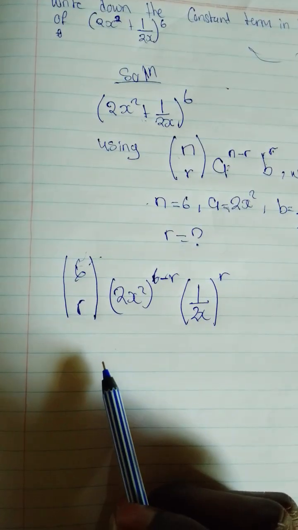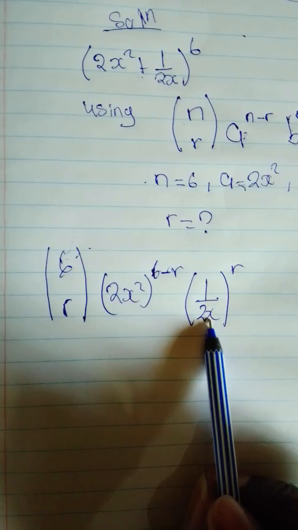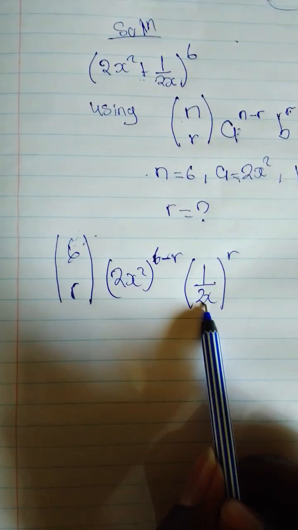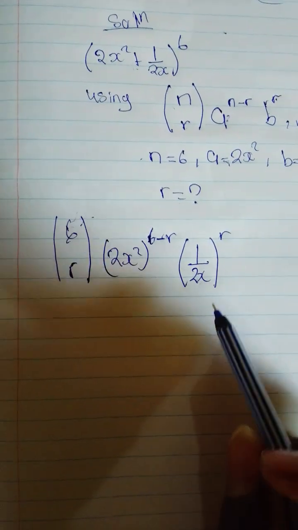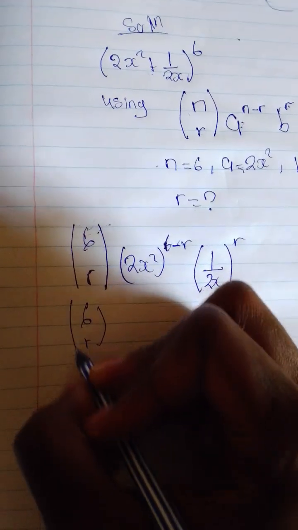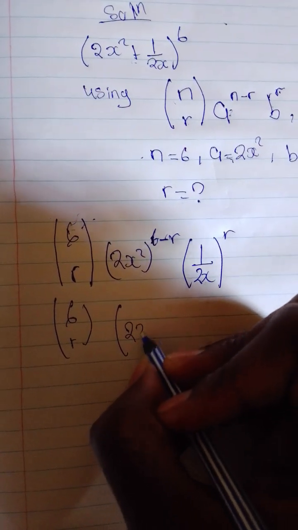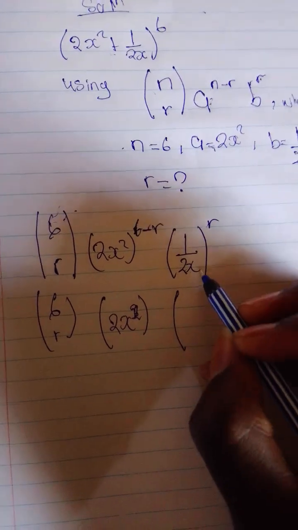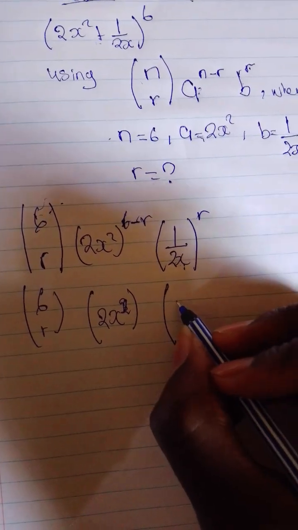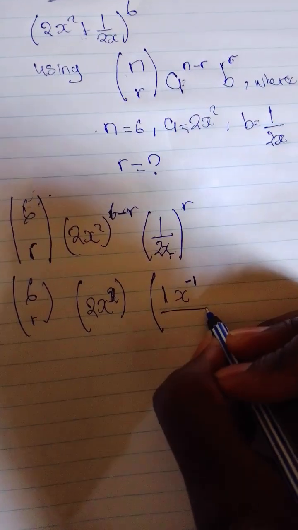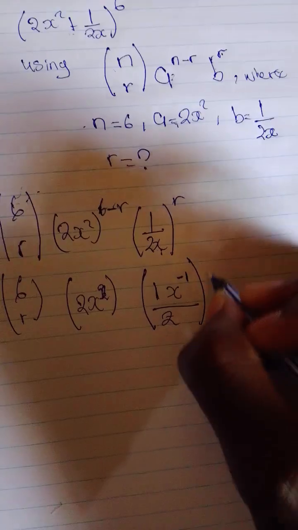So when you reach this step, our x shouldn't be the denominator. Our x is supposed to be the numerator. So we are going to make this x the numerator. So this will be 6Cr, then this will be 2x squared power 6 minus r, and then when you take this x on top, it will be 1 times x power negative 1 over 2 power r.